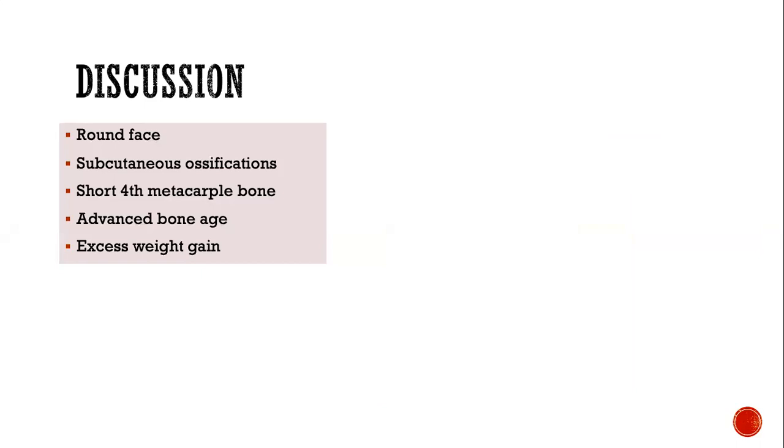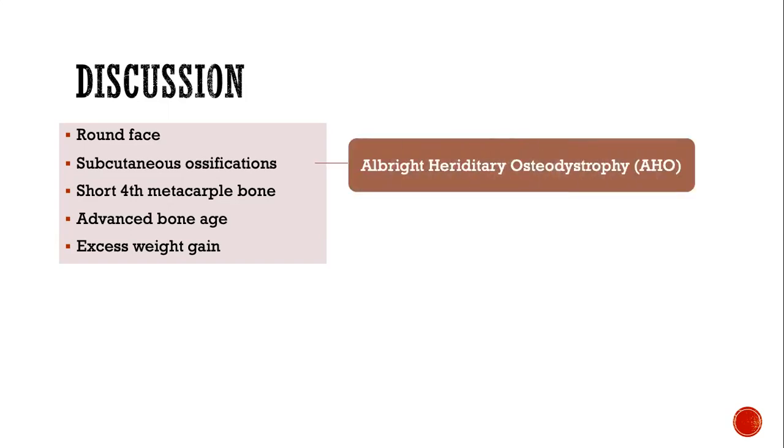So clinically, he had round face, subcutaneous ossifications, actually subcutaneous hard nodules, short fourth metacarpal bone, advanced bone age, and excess weight gain. So these are the features suggestive of Albright hereditary osteodystrophy.